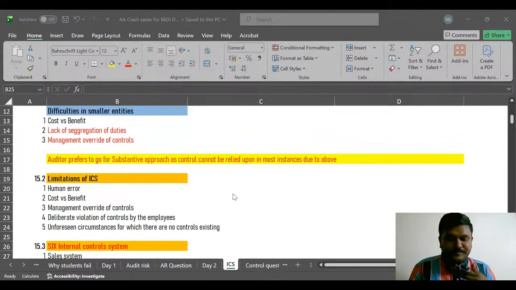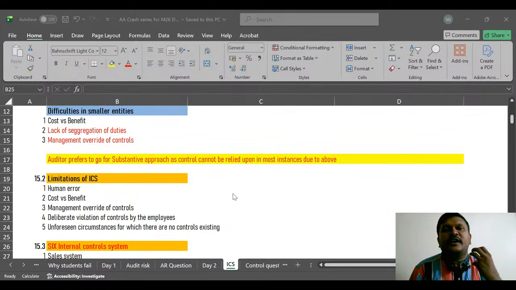Now, the fifth one: controls can be placed only for those items you can predict. We are saying some wrong things can happen, or the term we might use as auditors is what can go wrong in a particular situation.